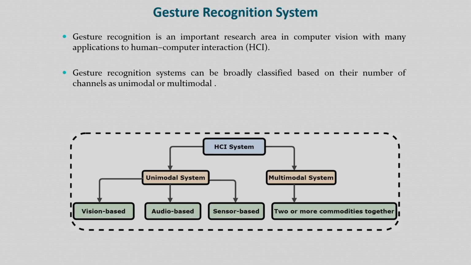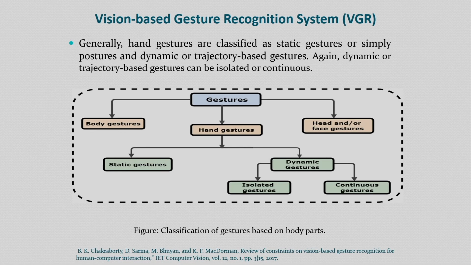And if you consider the gestures, there are many types of gestures. One is the body gestures, one is the hand gestures, one is the head and or the face gestures. So in my discussion I am mainly considering the hand gestures.